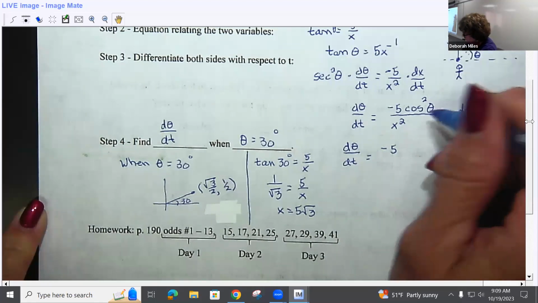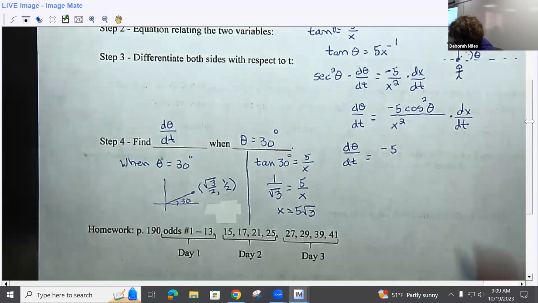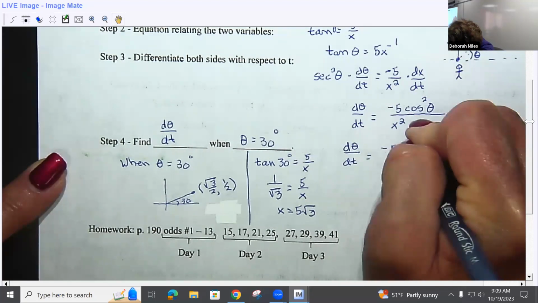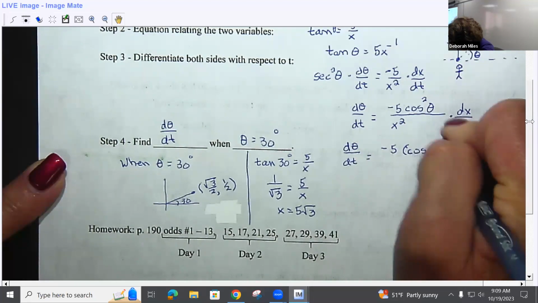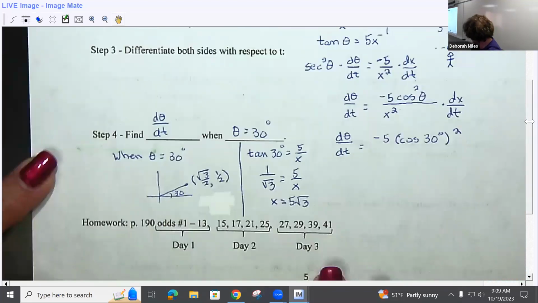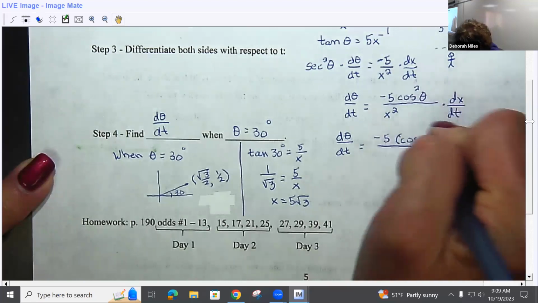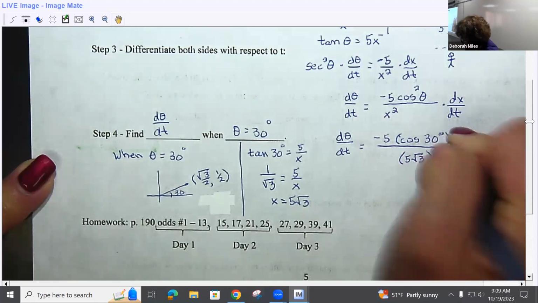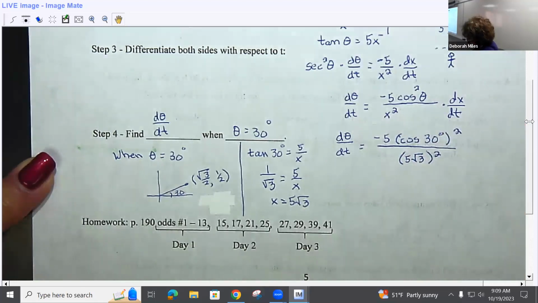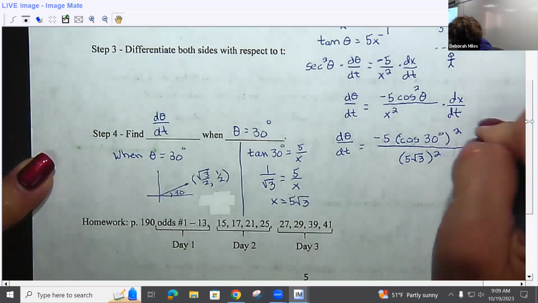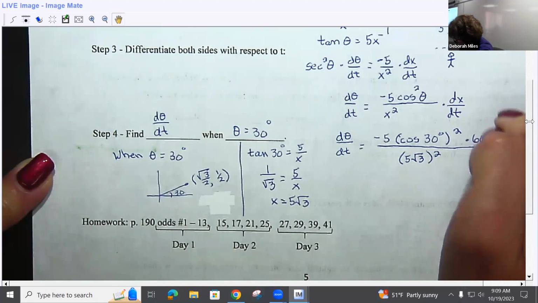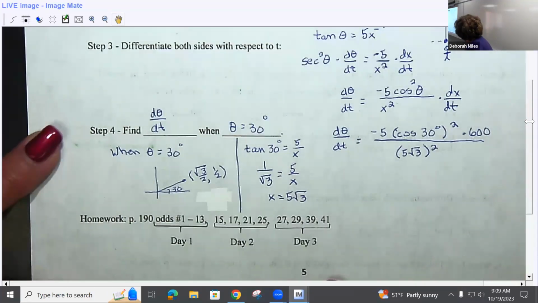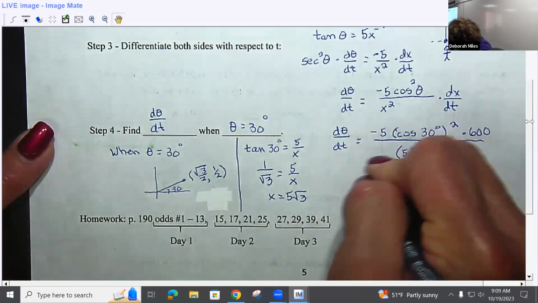I've already put 30 degrees in the place of theta. Let me just write this middle step. Cosine 30 degrees squared over 5 square root of 3 squared times that 600. After that, it's all numeric.